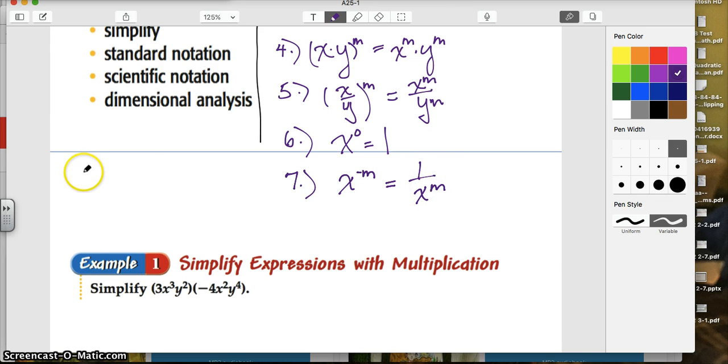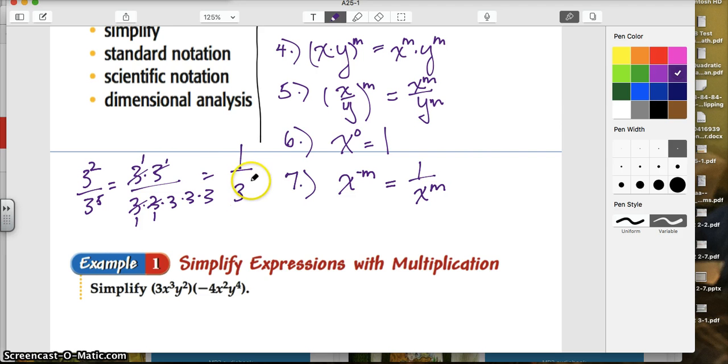Let's talk about why. So if I have 3 to the 2nd power over 3 to the 5th power, you know that I could write this out as 3 times 3 at the top, 5 3s at the bottom, do a little bit of cancellation, boom, boom, boom, boom. These cancel out to 1s, so I'm left with 1 over 3 to the 3rd power, okay?